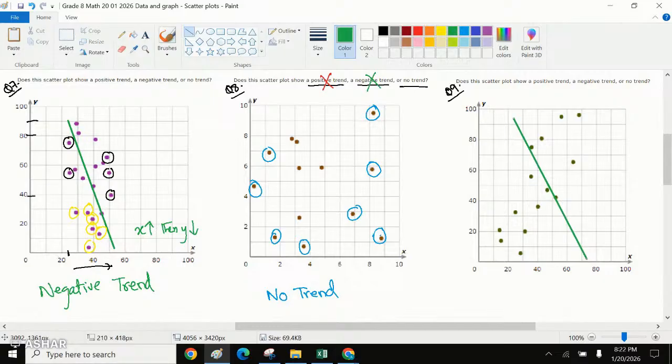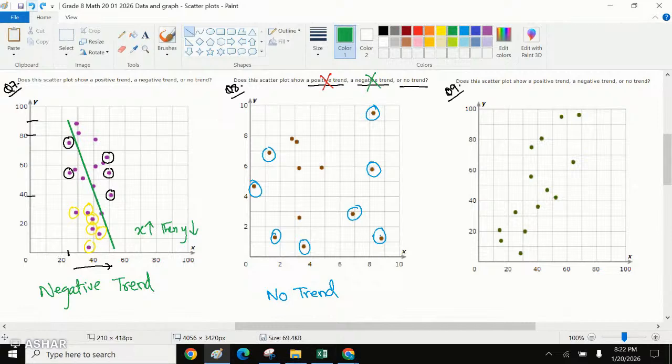Are the points above the line and the points below the line close to the line? First condition, they're not close to the line. They're very far away from the line. And is the number of points above the line the same as the number of points below the line? No, they're not. This means it cannot be a negative trend.